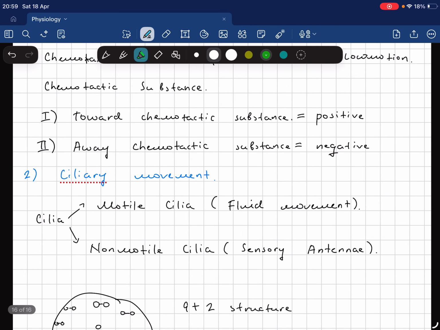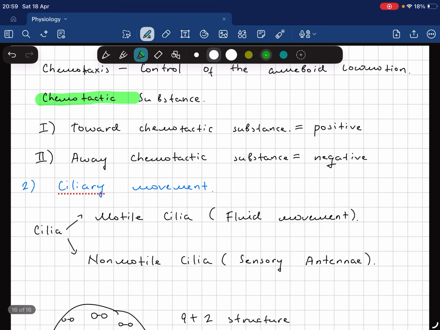There is a term called chemotactic substance, which is basically the place or the substance that our cell wants to move toward. If the cell is moving toward the chemotactic substance, we call that positive chemotaxis. If the cell is moving away from the chemotactic substance, we call that negative chemotaxis.